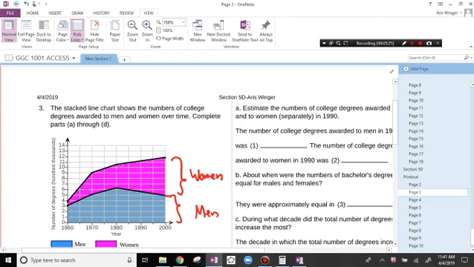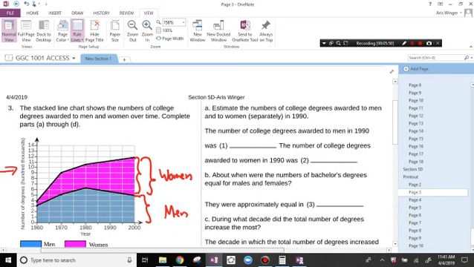This is number of degrees in hundreds of thousands. So 500,000, and here the total is 1,200,000, which means that this distance has to be another 700,000 on top of the 500,000. That's why they call it stacked.